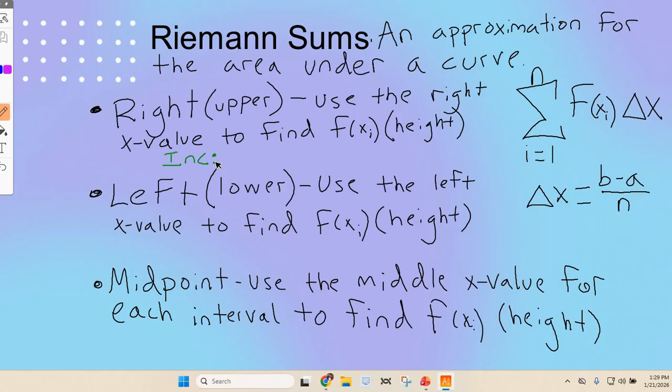Yes? For all of them. And then our left, when it was increasing, was an under approximation.